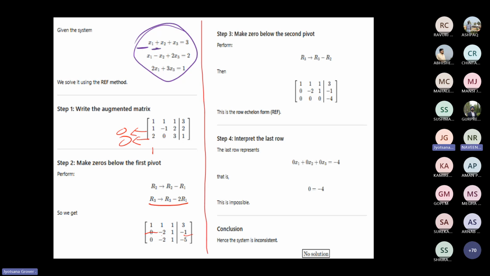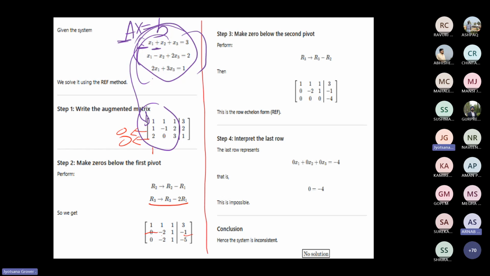I told you now this is Ax = b. If you multiply A with x1, x2, x3, you will get these equations. Got it? The question was whether these linear equations are consistent or not.